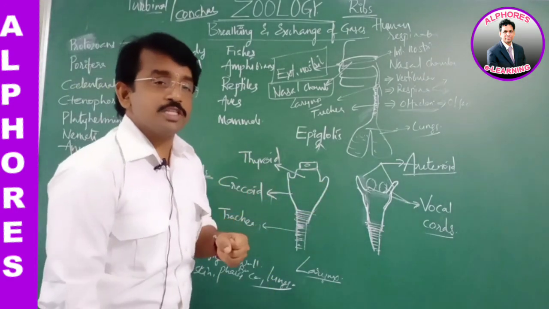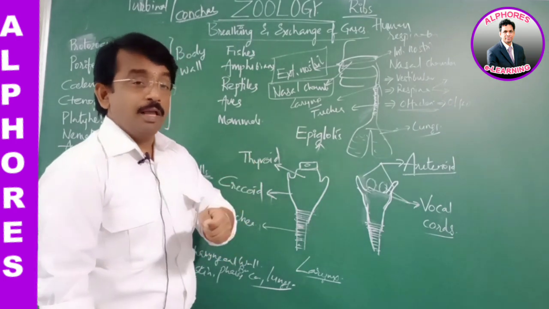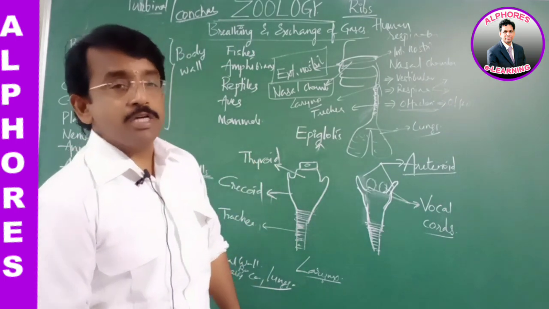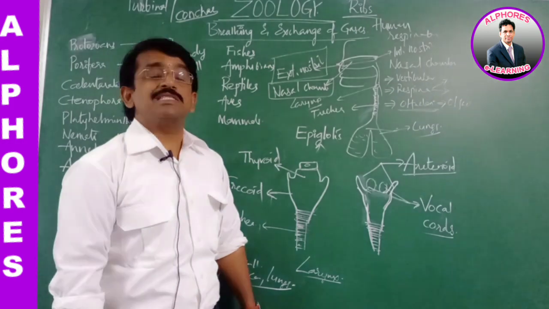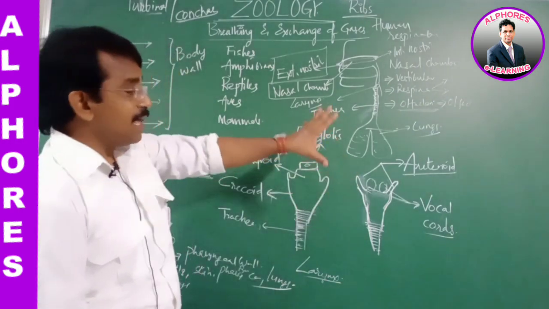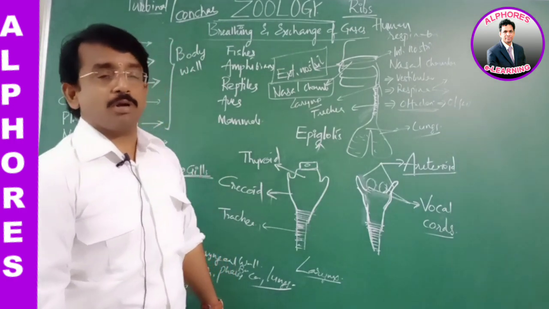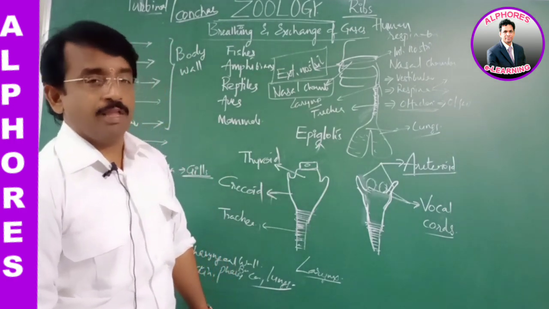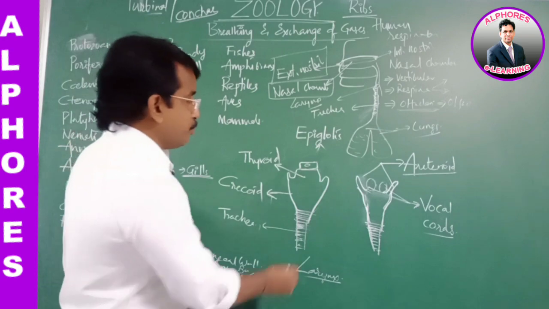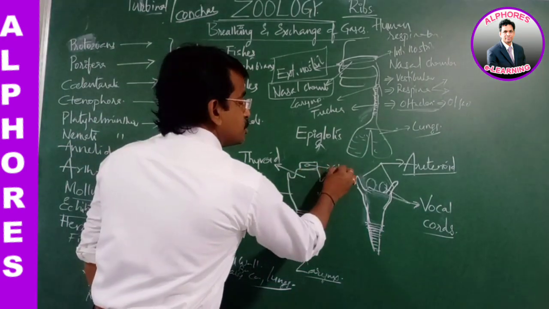In the case of birds, the sound producing organ is the syrinx. Here the larynx, the voice box, has an opening named the glottis.